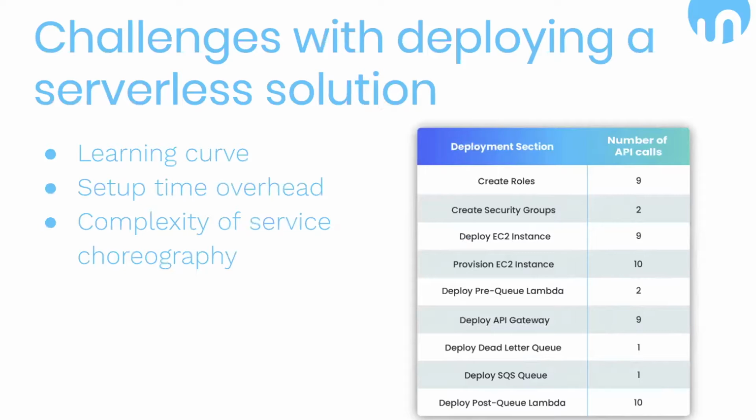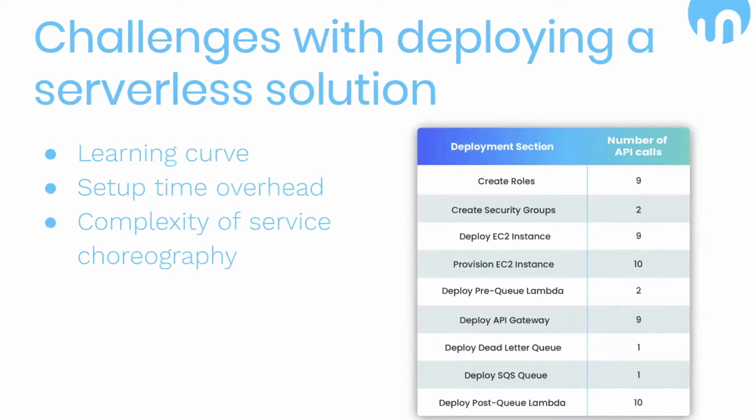Alternatively, you can do it programmatically using the AWS SDK and make API calls. And so that's exactly what we did. We counted the number of API calls that it did take, not including helper functions, scripting, anything else, and it's over 50. So with either approach, you definitely have a complex setup process.